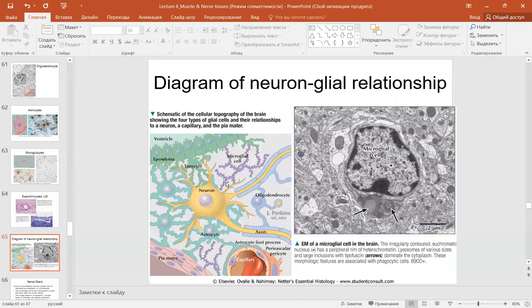Here you have the neuron-glial relationship. The neuron has an axon and multiple dendrites. Microglial cells are protective cells of the central nervous system.